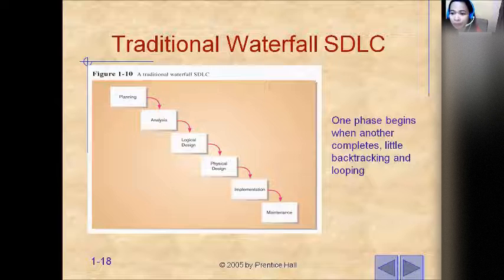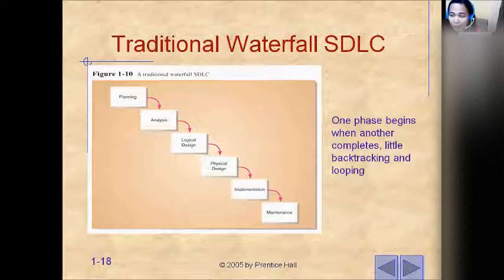As you can see here, it's actually the same as the previous SDLC phases. We just have different names or synonyms for the phases, but this is more detailed. We have the planning, the analysis, the logical design, the physical design, implementation, and maintenance.